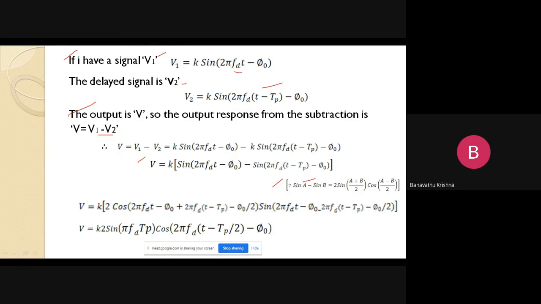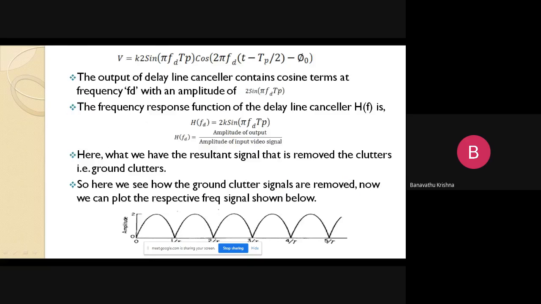By simplifying this equation, finally we get V equal to k into 2 sine pi fd Tp cos 2 pi fd of (t minus Tp by 2) minus phi. So the output of the delay line canceller contains a cosine term at frequency fd with an amplitude of this value.